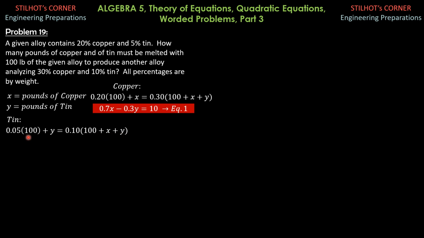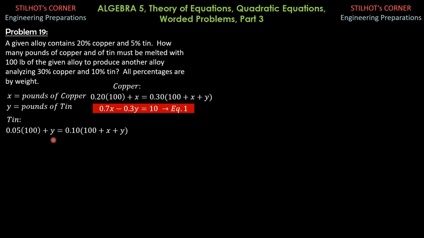So simplifying, we transpose 0.1 of x to the left, negative 0.1 of x, then plus 0.9 of y, then equals 0.1 of 100 minus 0.05 of 100. 10 minus 5 is 5.